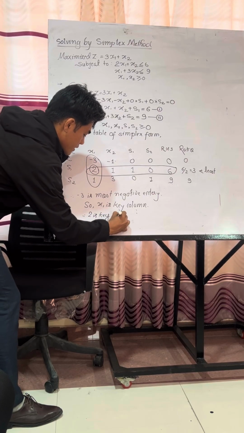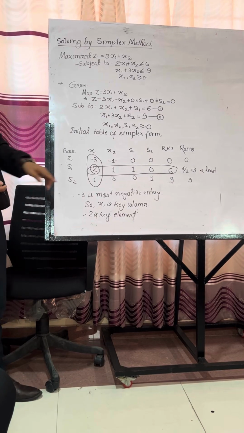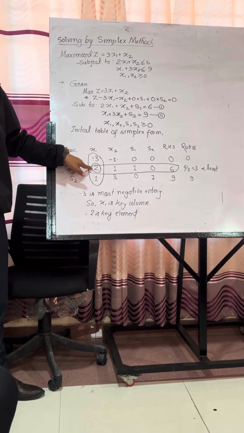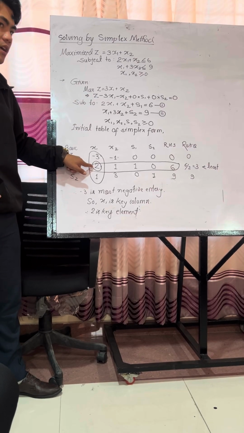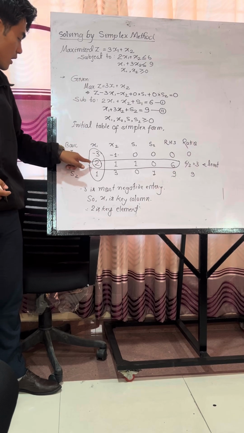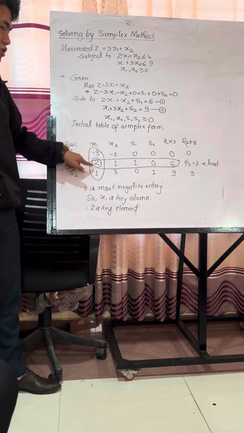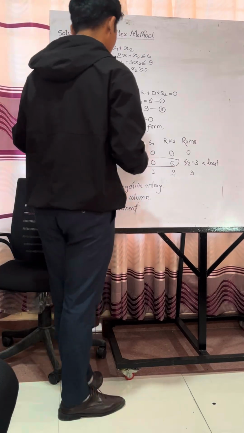Now we have got the key row and the key column with the key element. First we'll make the key element 1, and after that we'll make the other entries in the key column 0, as we apply the row equivalent method.